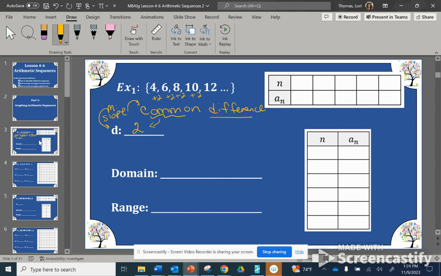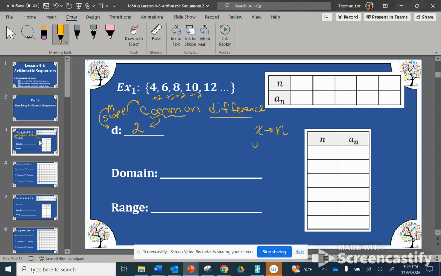Now, let's take a look and put this sequence into a function table. You also notice that instead of x and y, or x and f of x, we have n and a sub n. So instead of an x, we are going to now use the variable n, our inputs.